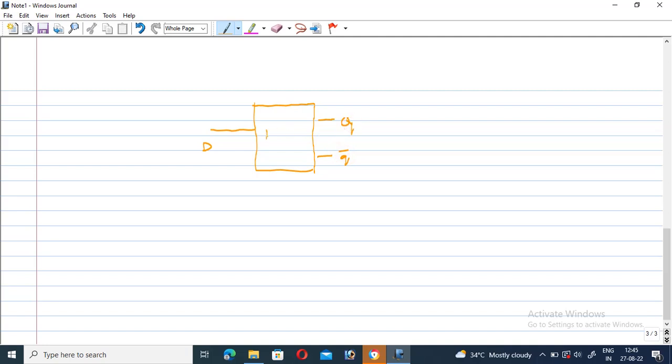This is nothing but a D flip-flop. This is a block diagram of D flip-flop, right? Internally, this block diagram consists of one SR flip-flop. How is it there? Suppose internally, one SR flip-flop is there.